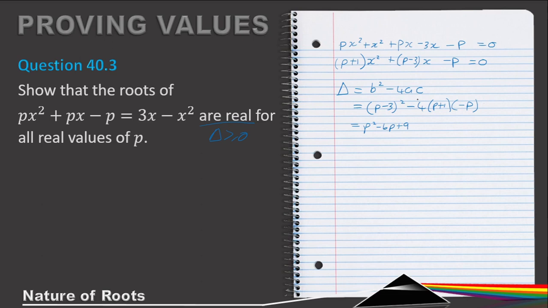Multiply in, we can just think of multiplying in a positive 4 for p, because this times this is just plus 4p. So if we multiply that in, we get plus 4p squared plus 4p. And then adding like terms, we have 5p squared minus 2p plus 9.